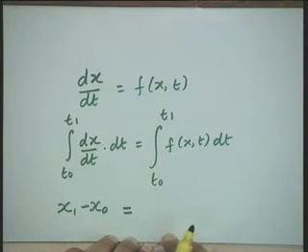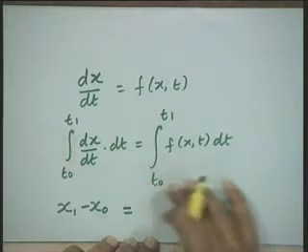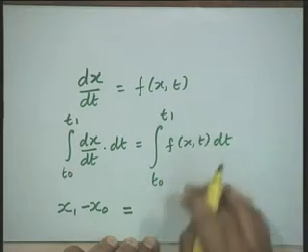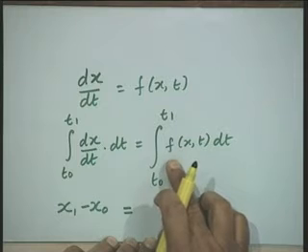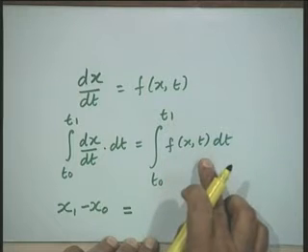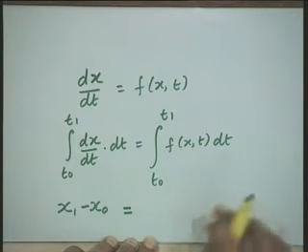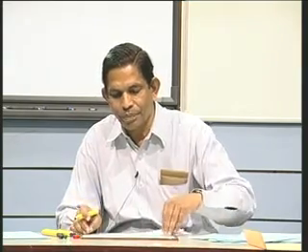Now, this area I cannot find out directly, because I do not know how this function is varying, and it is a non-linear function. Therefore, suppose I take this situation.